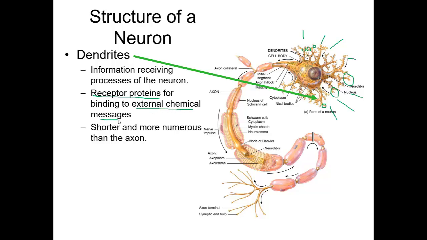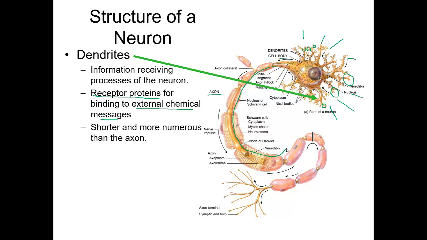Now, the difference between a dendrite versus an axon. So now, what's an axon? The axon is the longest projection of a neuron. So the long tail that you see, this guy right here, the long tail is the axon. The difference between a dendrite and an axon is the length.